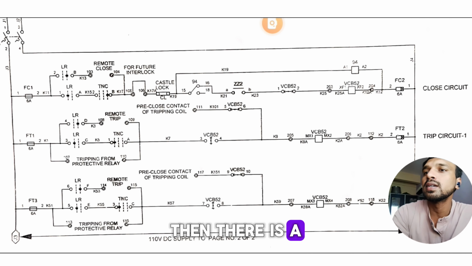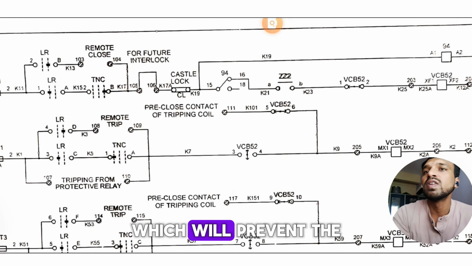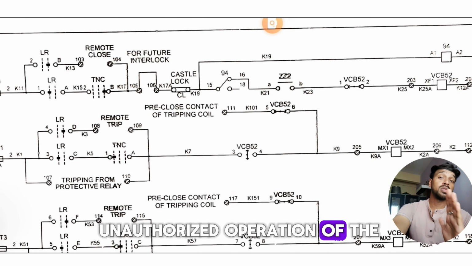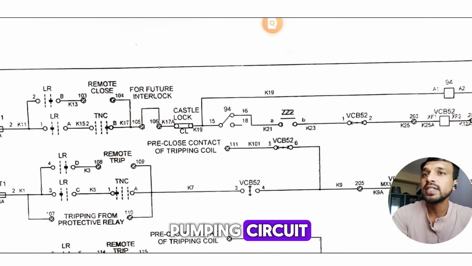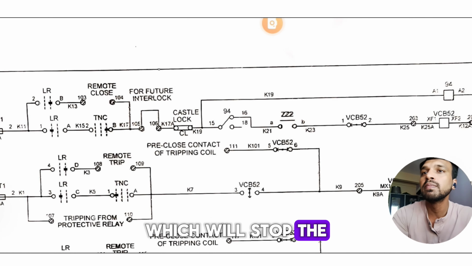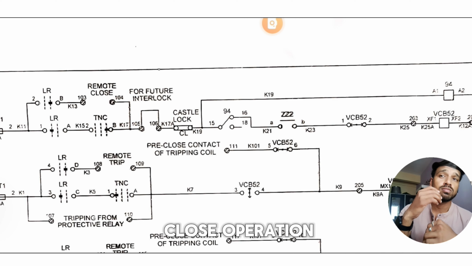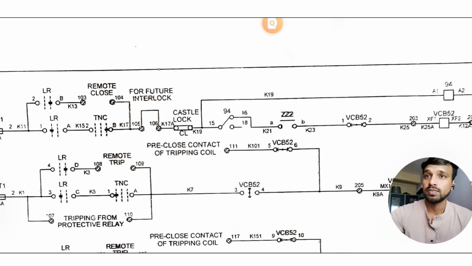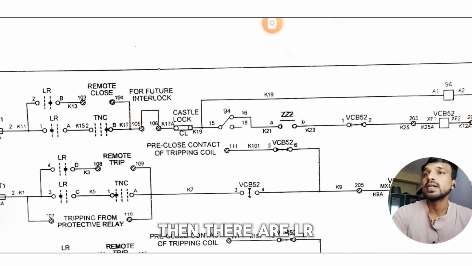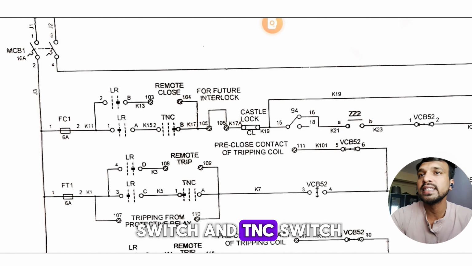Then there is a castle lock which will prevent unauthorized operation of the breaker. Then there is the anti-pumping circuit which will stop the breaker from attempting multiple close operations due to faulty or repeated commands. Then there are the LR switch and TNC switch.